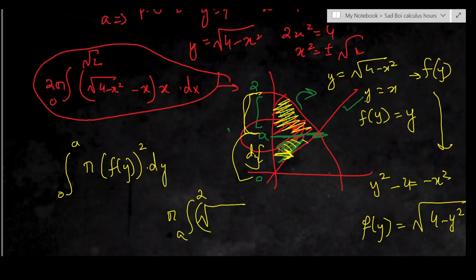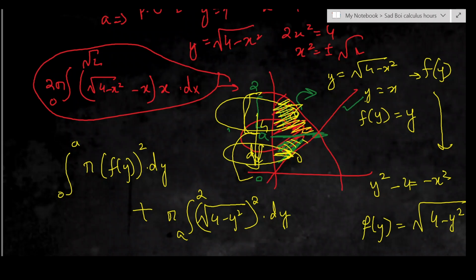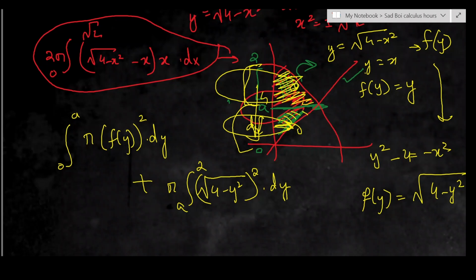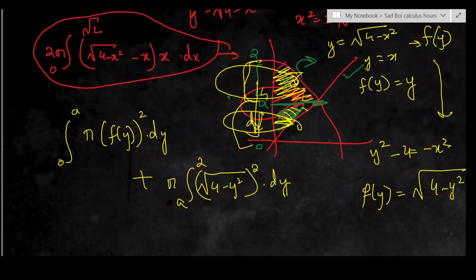And so we need to integrate from A to 2 pi times 4 minus y squared, because this is f of y squared dy. Adding these two up, that is the volume generated by revolving this area and this area. Adding those two volumes up is going to result in the volume generated by the whole solid.